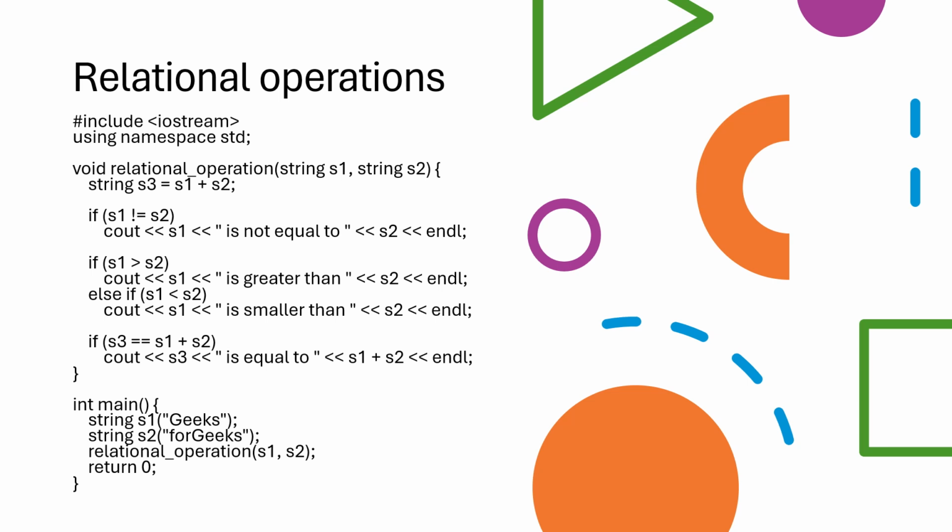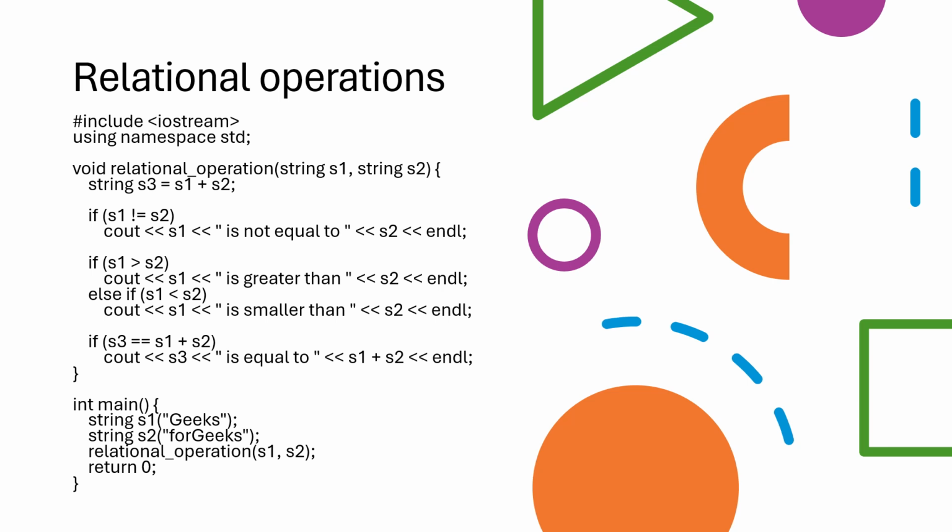In main we give two string inputs, string 1 geeks and string 2 for geeks, and relational operator s1 comma s2 returns 0.